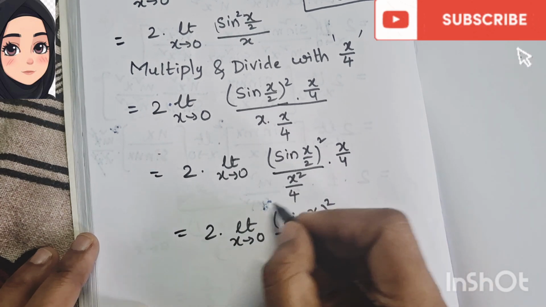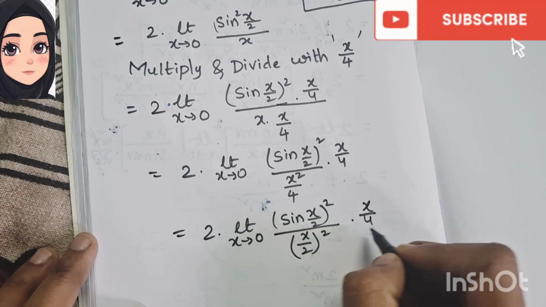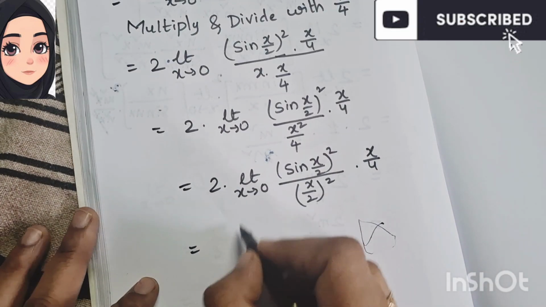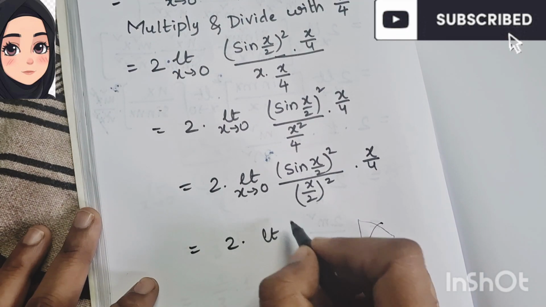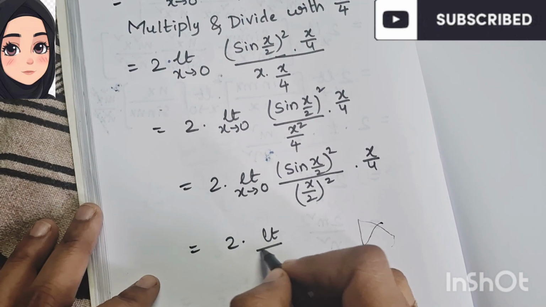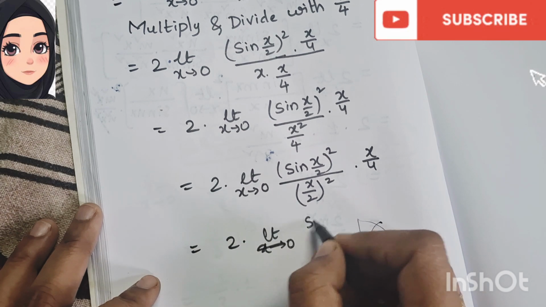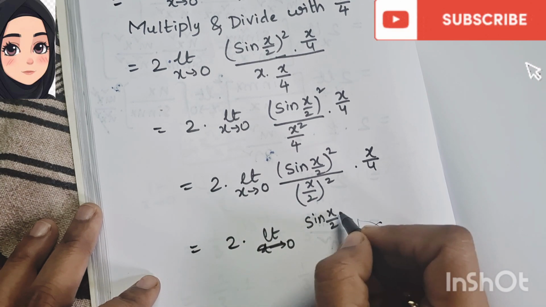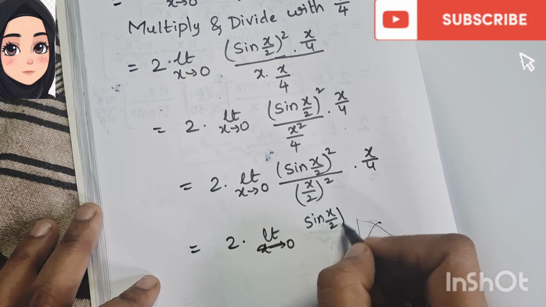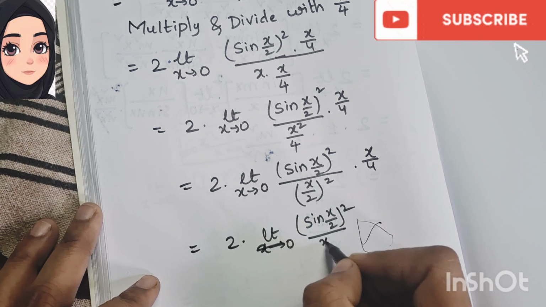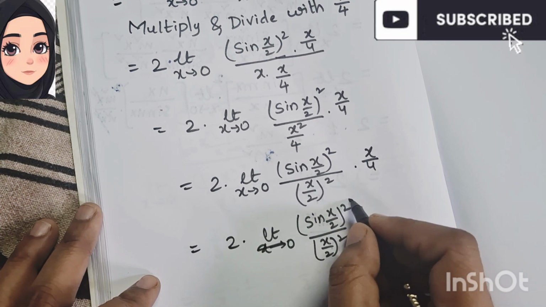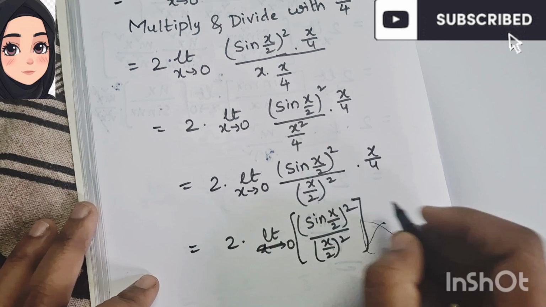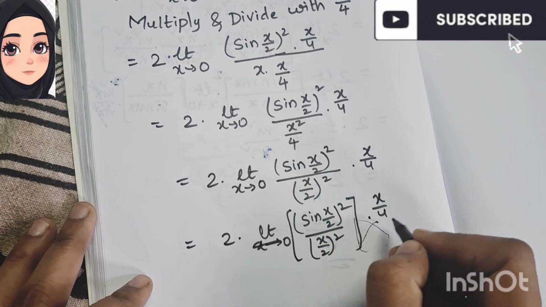Now it is in the formula form, that is 2 into limit x tends to 0, sine x by 2 whole square by x by 2 whole square, this is the formula, into x by 4.